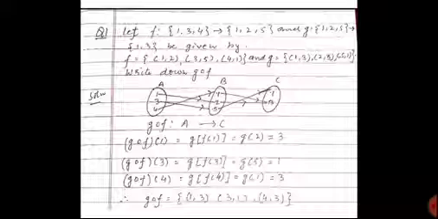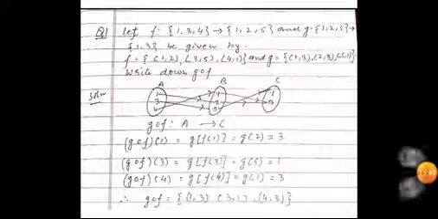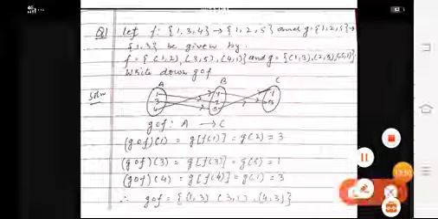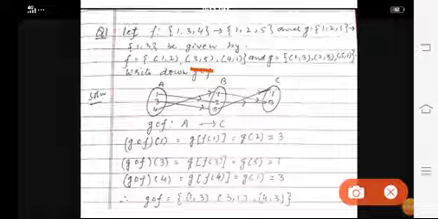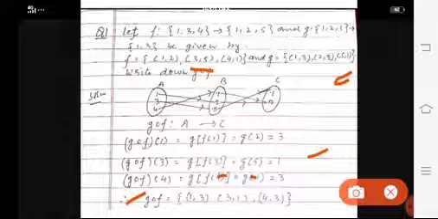Okay. Next, (F composite G)(3) means G(F(3)), and in the function F, 3 is associated with 5. So in place of F(3) you will write G(5), and in the function G, 5 is associated with 1. So G(5) equals 1. (F composite G)(4) will be what?